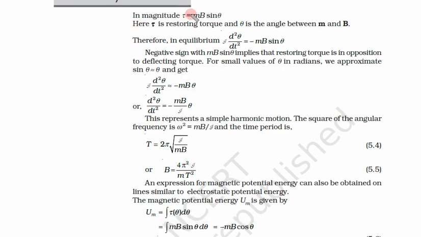Also, suppose there is an angle theta between this magnetic field and magnetic moment. So the magnitude of tau is equal to mB sin theta, because cross product means sin theta. Here tau is the restoring torque and theta is the angle between m and B.